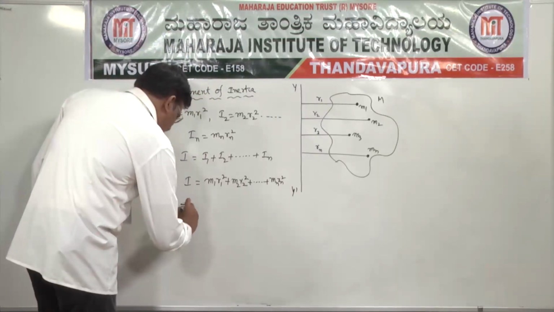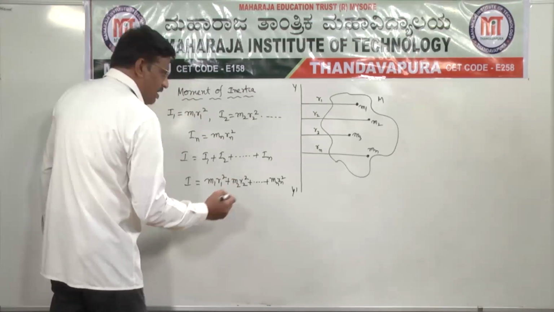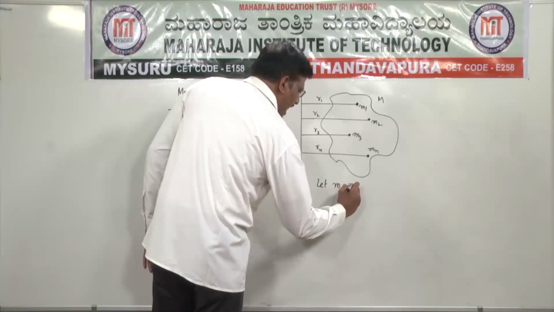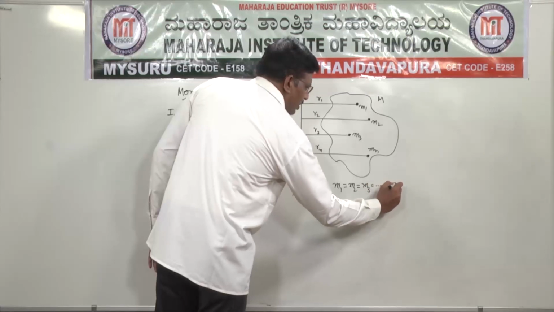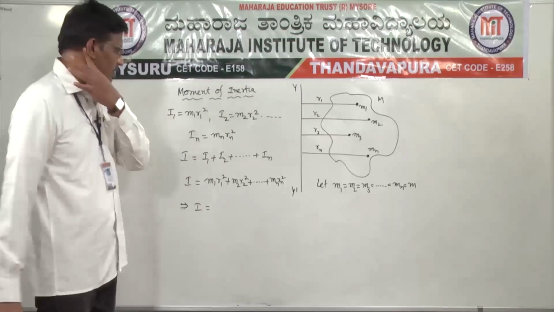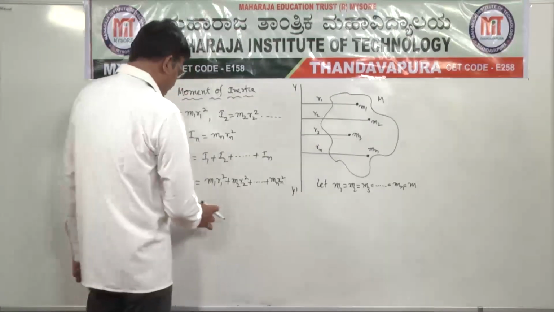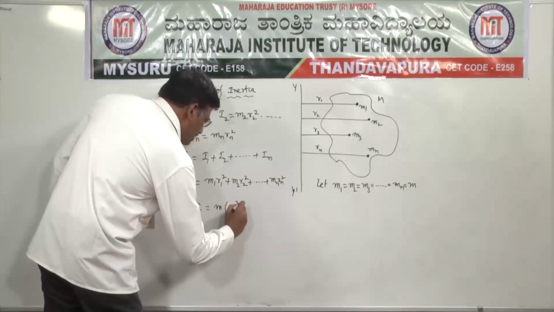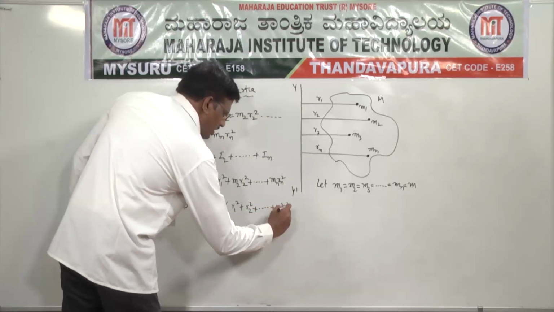So that implies I is equal to, for convenience, let us assume that all particles have equal mass, or all particles are identical. So that is m1 is equal to m2 is equal to m3 and so on is equal to mn, that is equal to m. So here I is m into r1 square plus r2 square and so on plus rn square.